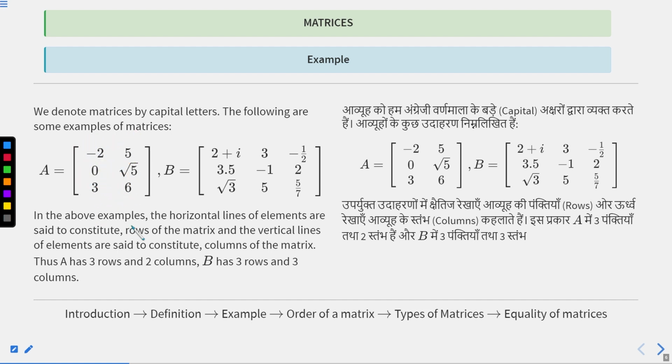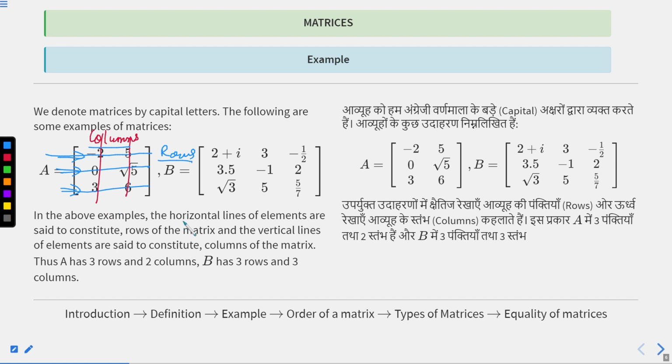Mainly your matrix is divided into rows, row 1, row 2, row 3, and these we call columns. Clear? Rows and columns.